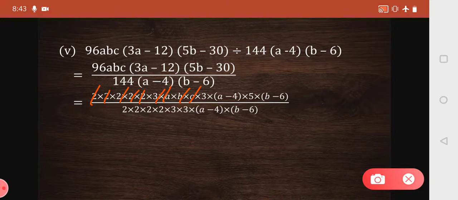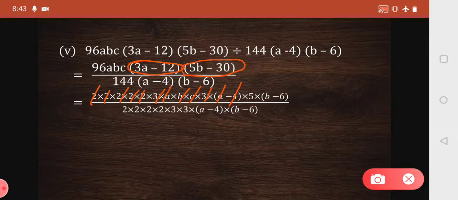Now from the first bracket we have taken out 3 common, so we write into 3 into, after taking out 3 common from the first bracket, we are left with a as the first term, minus sign as it is, and our 12 factors are 3 4s are 12, we take out 3 common, so 4 will be left. So we get in the bracket a minus 4.